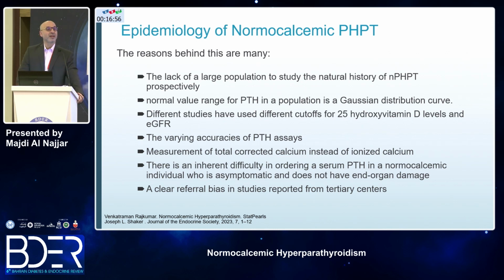There is also a clear referral bias, because most of these patients already have a primary problem, and that's why the PTH was checked. It's not the other way around. Most of them already have osteoporosis, osteopenia, osteoporotic fracture or kidney disease, and that's why the PTH was ordered.